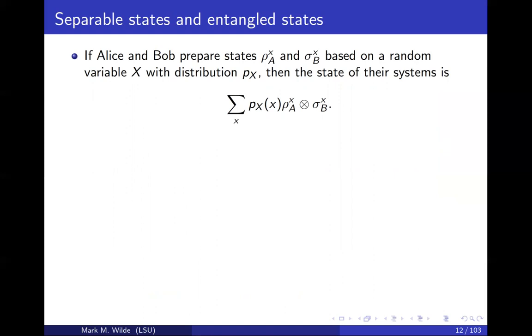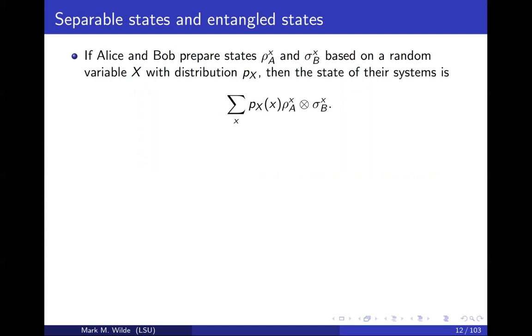Suppose that Alice prepares the state rho x and Bob prepares the state sigma x, and suppose they prepare these states based on the outcome of a probability distribution.